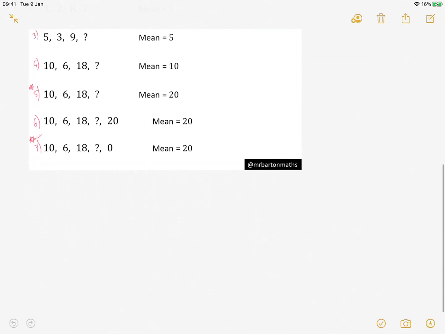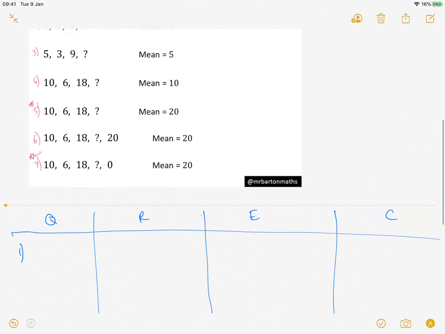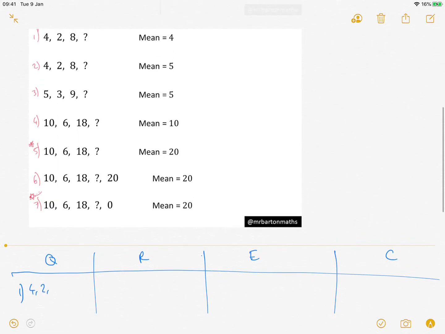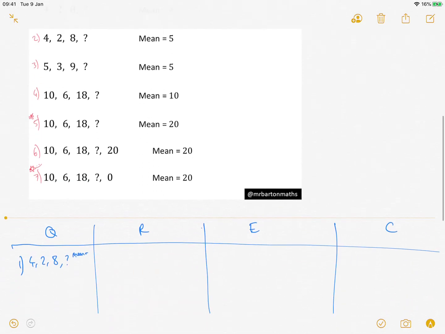So what we're going to do is split our page into question, reflect, expect, check. I know we were so good at this in class before we broke up. Then question 1 is 4, 2, 8, question mark, and the mean is 4.